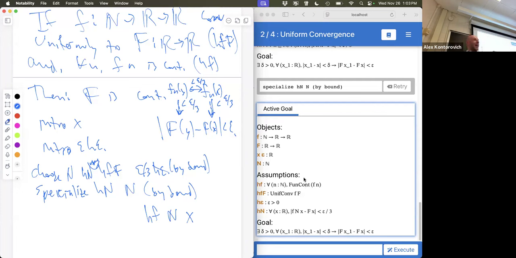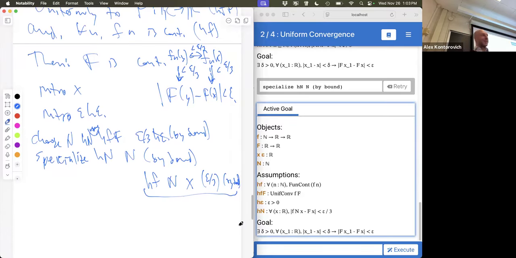We care about it at x, with specificity epsilon over 3 and by bound. And what will this give us? What is continuity? There exists a delta. So choose delta, delta positive, and H delta using this.